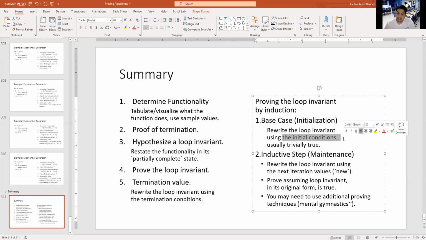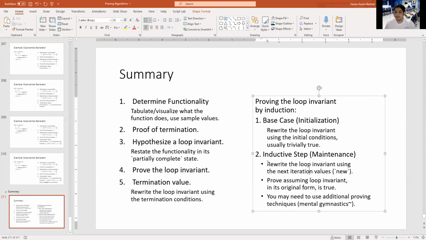And usually, trivially true lang yung mga to. May magkaka-case na kailangan ng additional proving. But more or less, true na siya pagka-plug in mo pa lang nung initial conditions. So, next dyan is yung inductive step or yung tinatawag na maintenance in some sources.